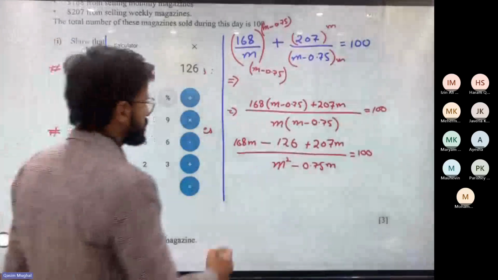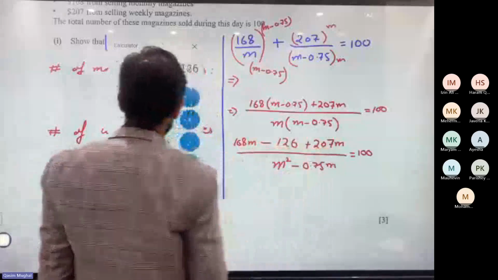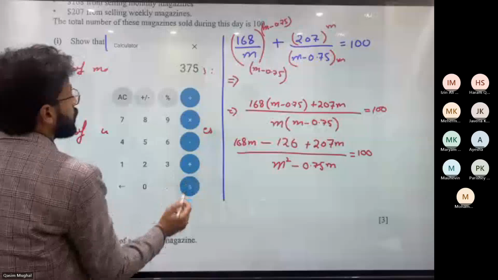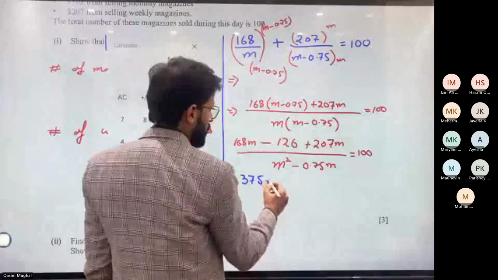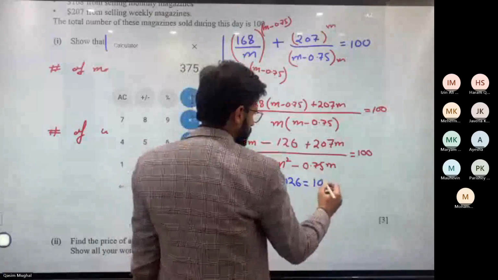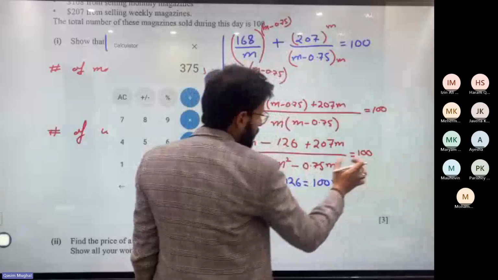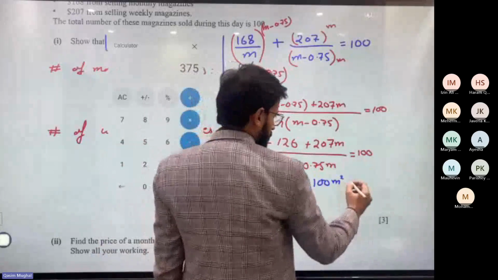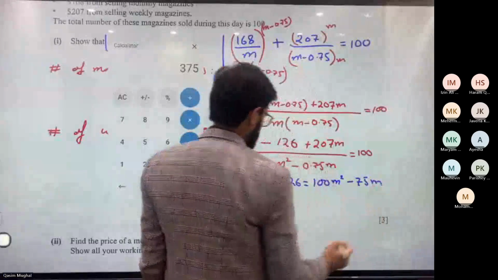Acha. Next is going to be 168 plus 207, 375m minus 126 equals to 100m squared. Now this whole thing will be multiplied with 100 and 100 will be multiplied with both once they are there. So 100 into 0.75 is going to be 75.